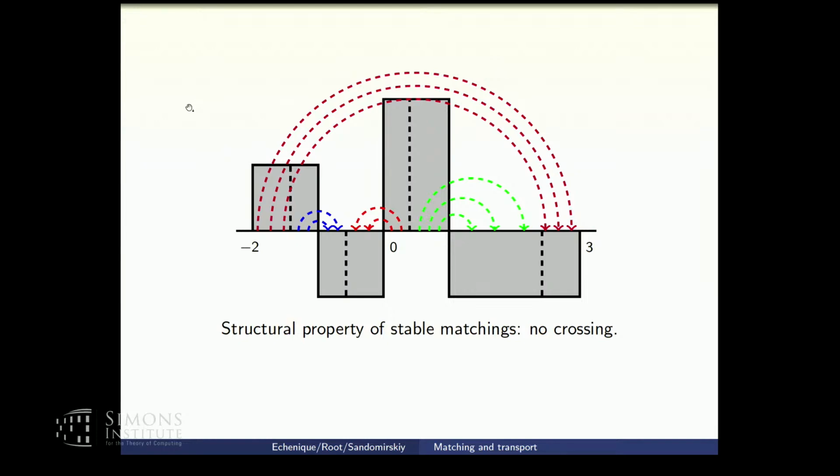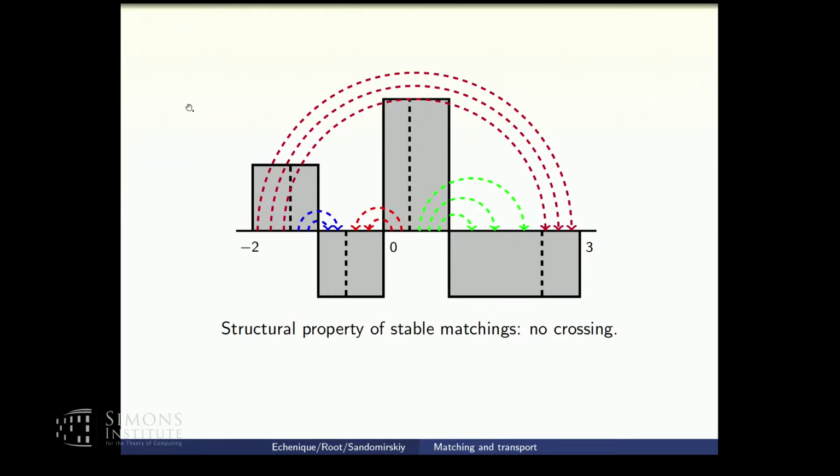And so hopefully you think, well, that's actually pretty cool. I didn't think that it could be this interesting. It's actually a structural property that we call no crossing. If you see, none of these arcs cross each other. And this turns out to be a general property whenever you're thinking about matching on the real line like we're doing here.